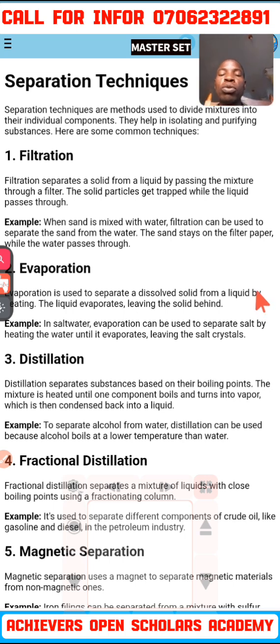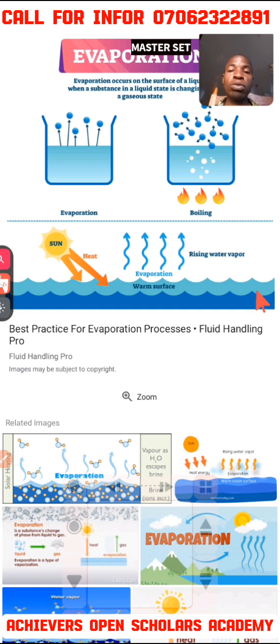Now let us look at this. This is what we call evaporation. When you boil the water, as you boil it, the water will be evaporating. For example, you mix salt and water, and they have mixed together.